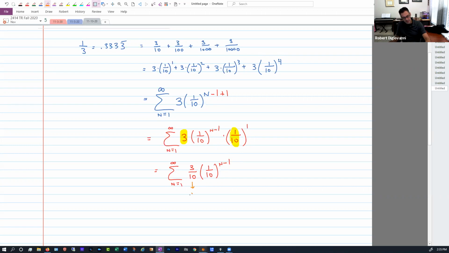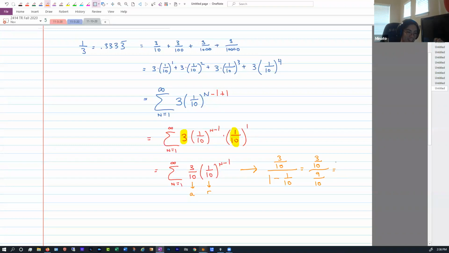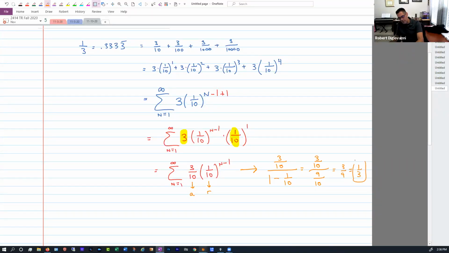A here is 3/10 and R here is 1/10. It should converge to A over 1 minus 1/10, which means we have 3/10 over 9/10. And if you do that, you get 3/9, which is 1/3. Which is exactly where it all came from, isn't it?